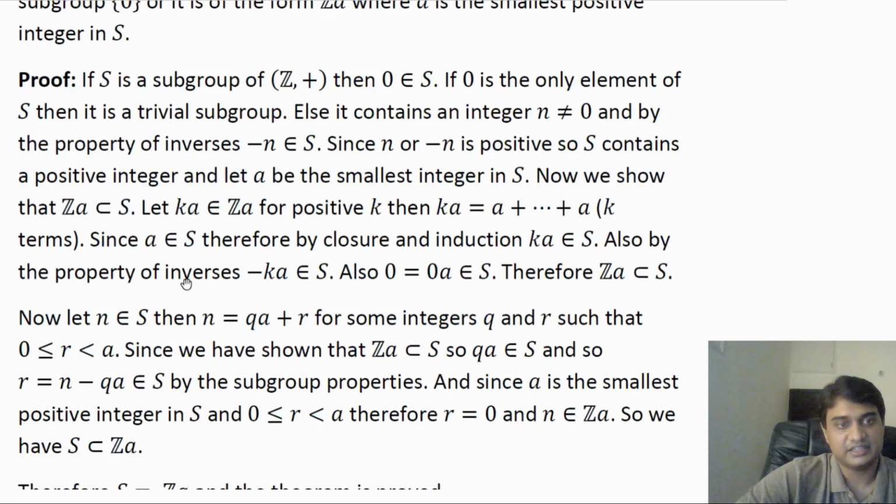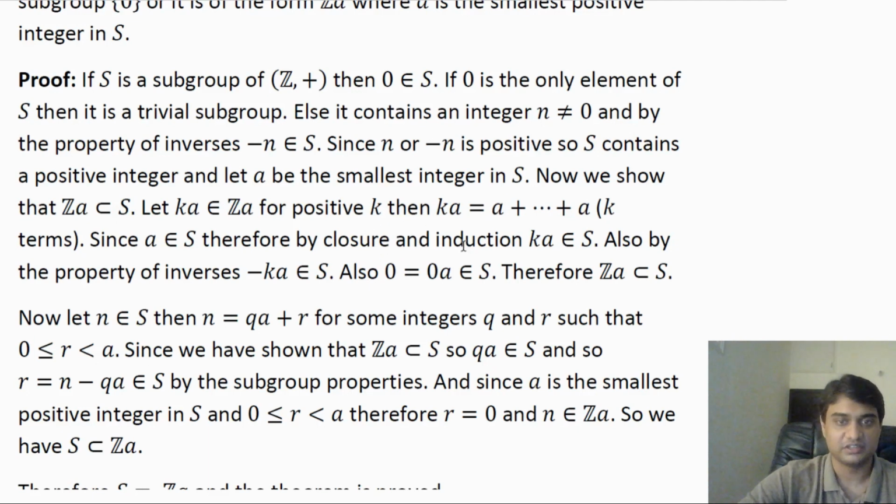Since A is in S, A plus A is also in S, and by induction, A plus A plus A, up to K times, is also a member of S.